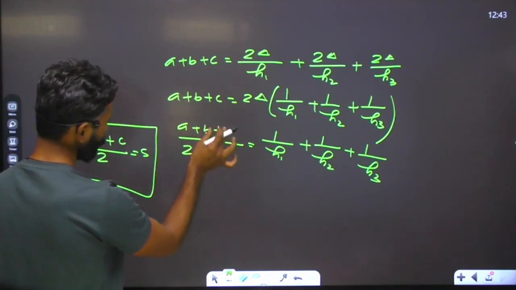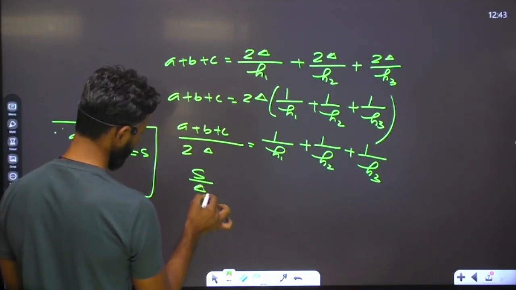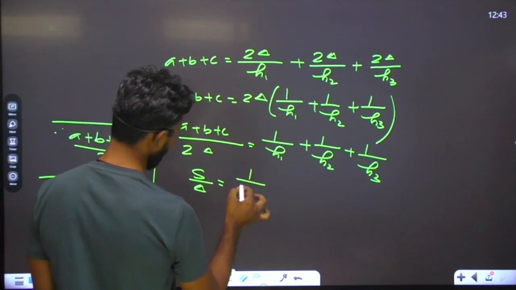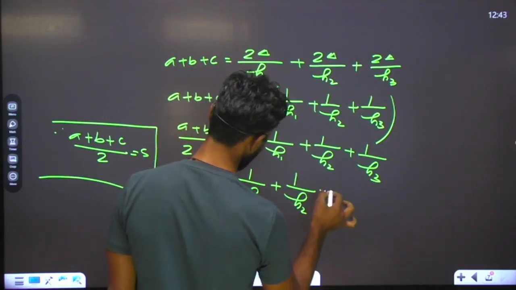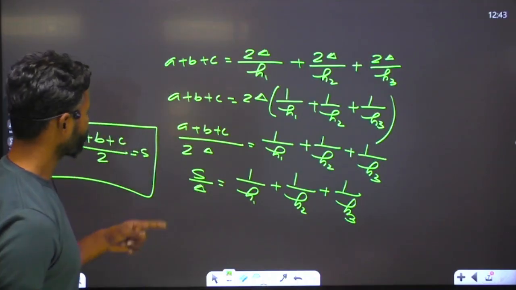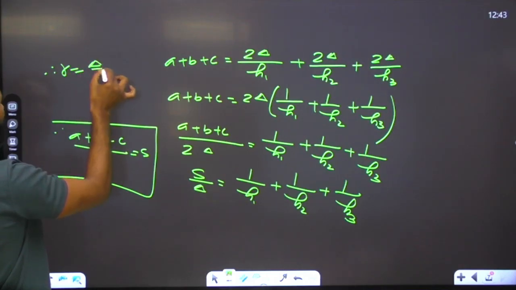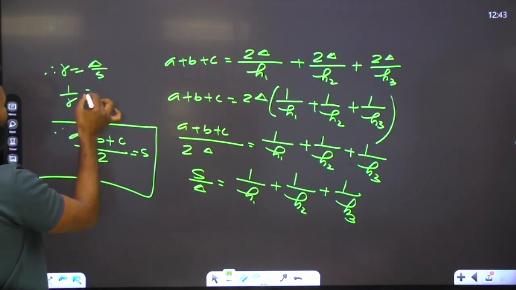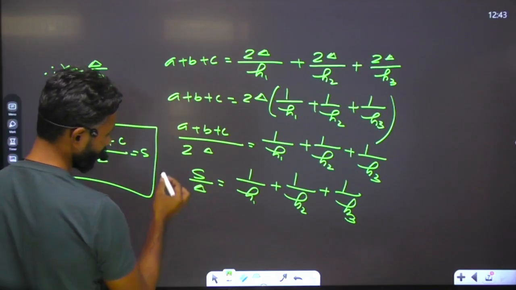So it is s upon del, equal to 1 upon h1 plus 1 upon h2 plus 1 upon h3. And you very well know that r is equal to del upon s. So 1 upon r will be equal to s upon del, so I can write here 1 upon r.